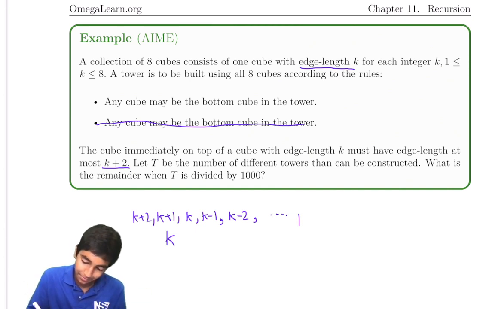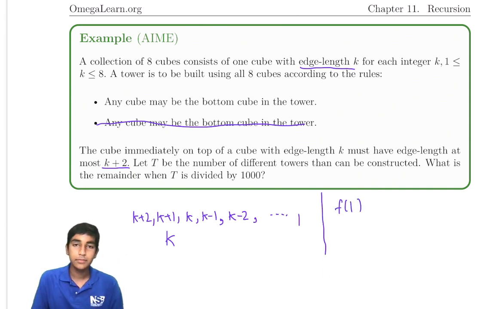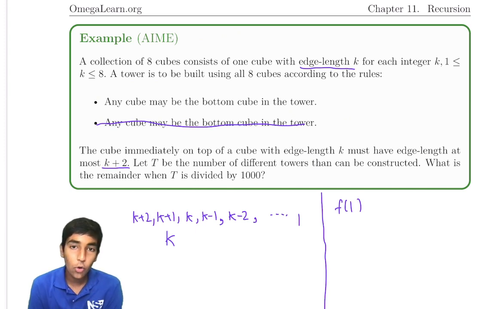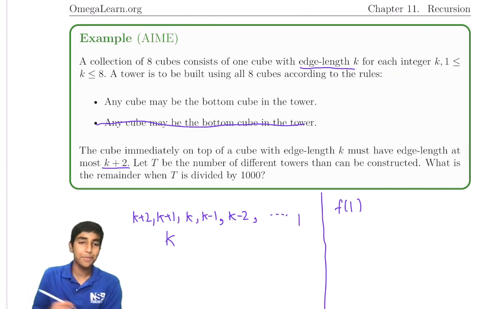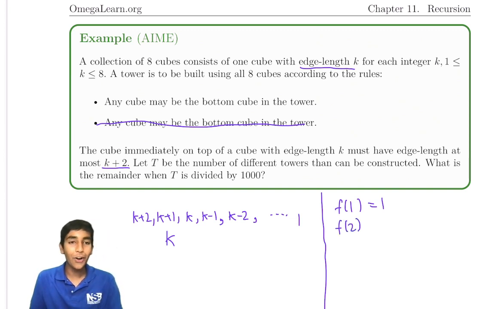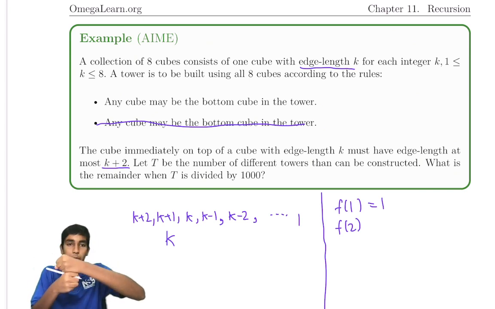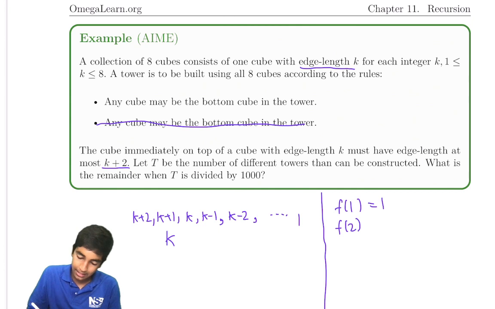F of 1. So f of 1 is just 1 cube. Just 1. Now, what if there's 2 cubes? If there's 2 cubes, then we can have either one on top of each other, because anything can be at the bottom. Let's say that's 2, for example.